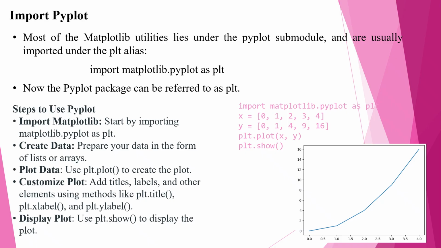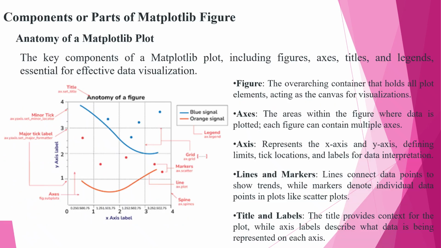After plotting, the visualization can be customized by adding a title, axis labels, and other elements using functions such as plt.title, plt.xlabel, and plt.ylabel, making the graph more intuitive and readable. Finally, the plot is displayed using plt.show, which renders the visualization on the screen for analysis.